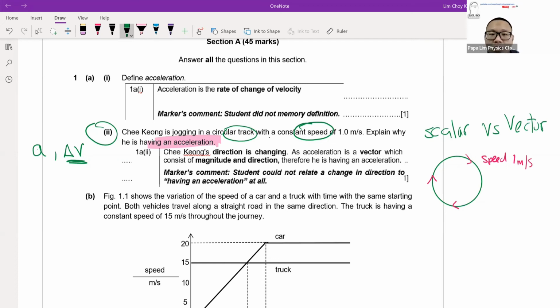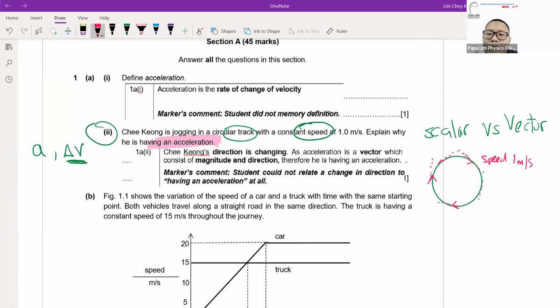So although Chikyong is having a constant speed, because he's running in a circle, the direction of his travel, the direction of his jogging, at each motion when he turns in the circle, has a slight change in direction every time.